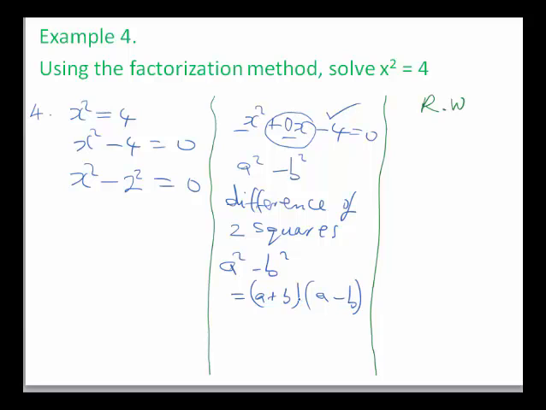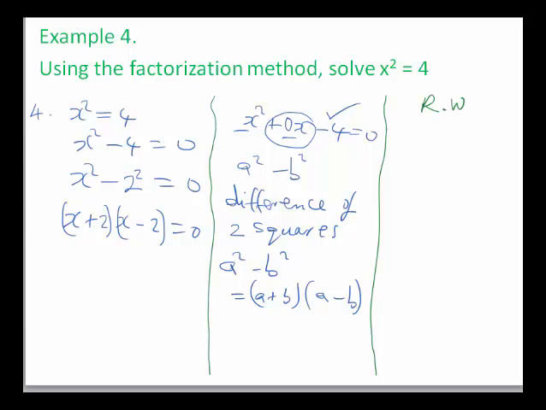Just give me benefit of doubt and accept this for now. Then when we come to logarithm, we'll prove that. Okay. Then here we will now have x plus 2, x minus 2 is equal to 0.